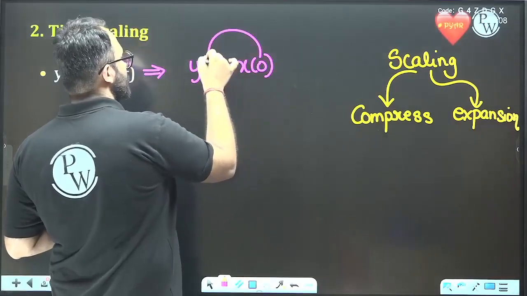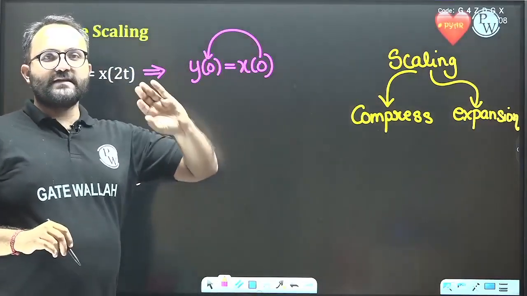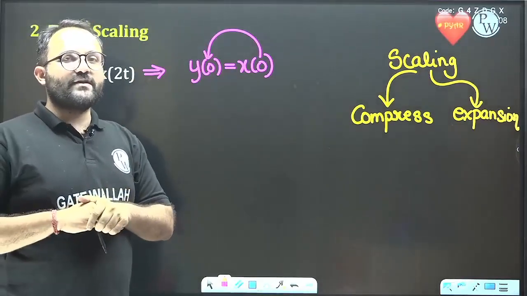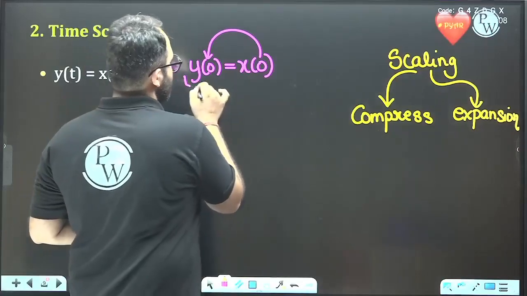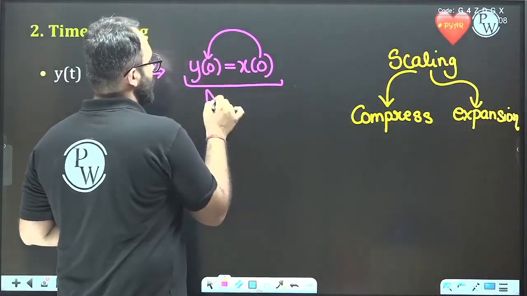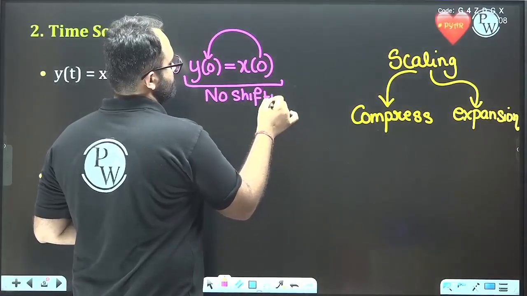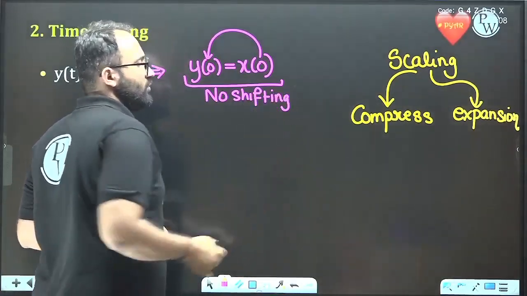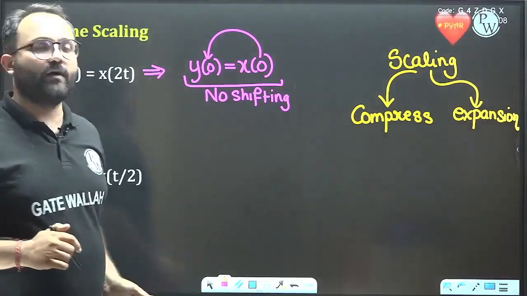So 0 goes to 0, which means 0 is not changing location, and so there is no shifting.